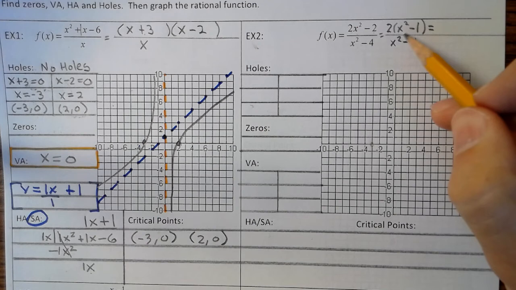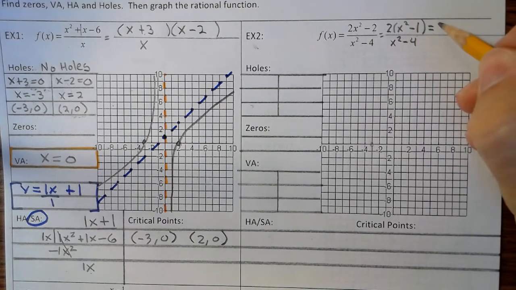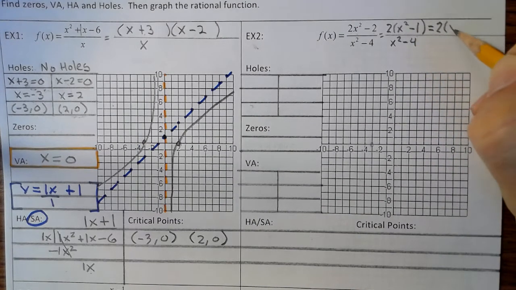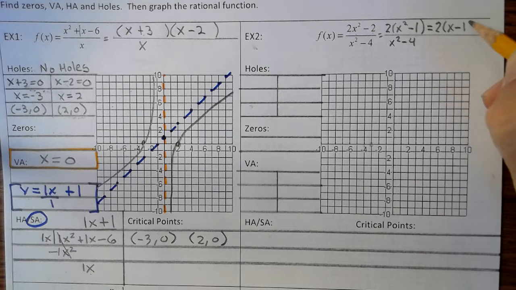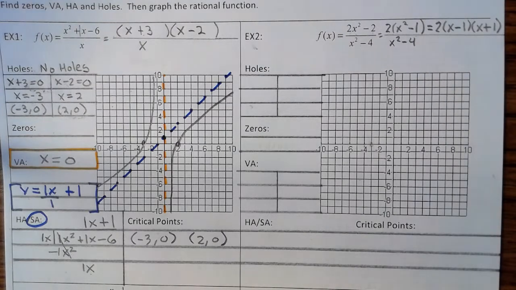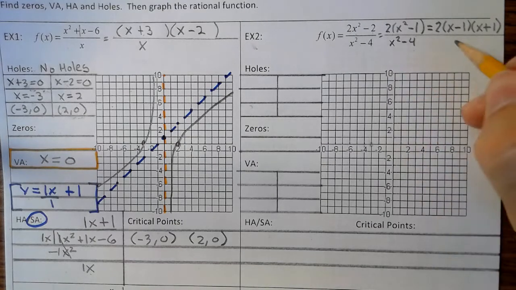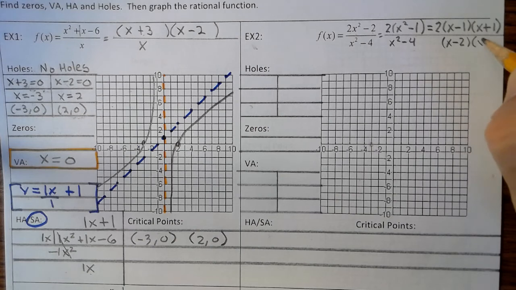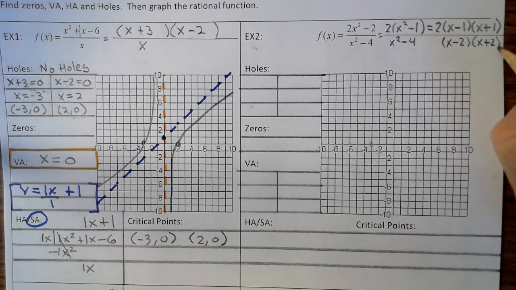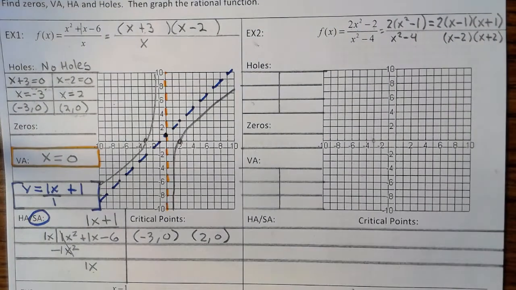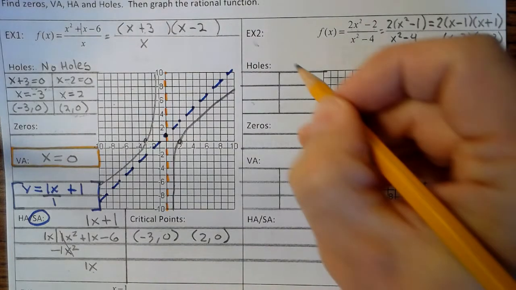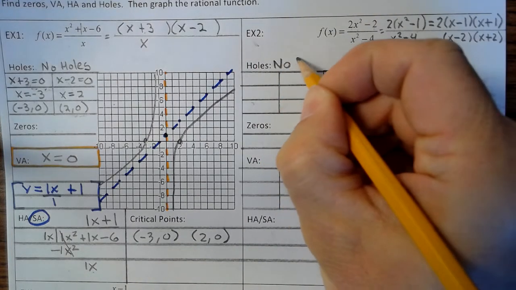Now, we know that x squared minus 1 is the difference of squares. So we have 2 times x minus 1 times x plus 1. And we know that x squared minus 4 is a difference of squares, which is x minus 2, x plus 2. Now, we see here that nothing divides and becomes 1, so there are no holes.